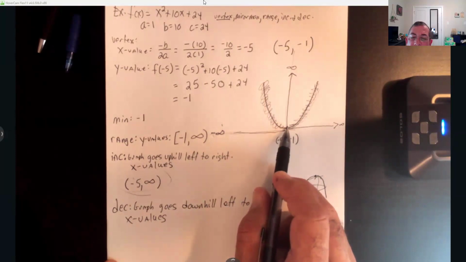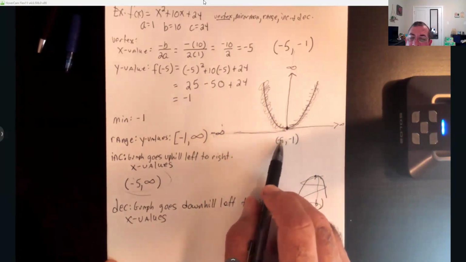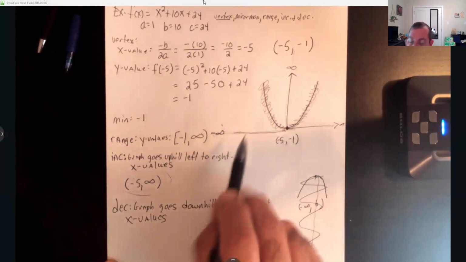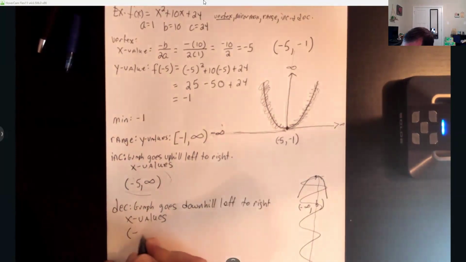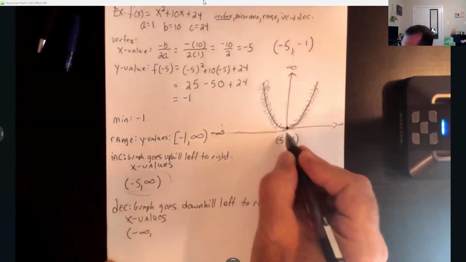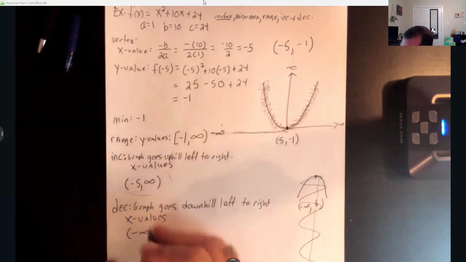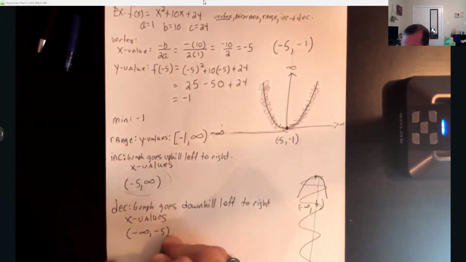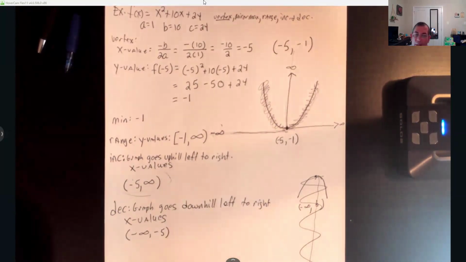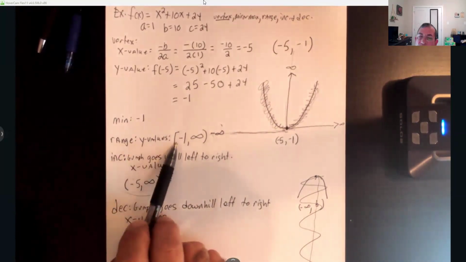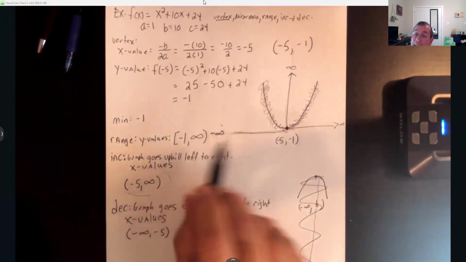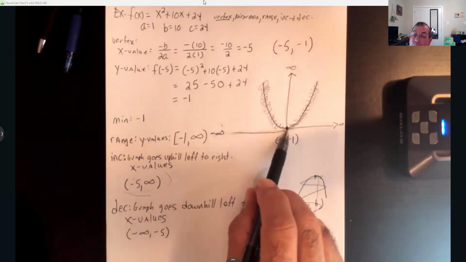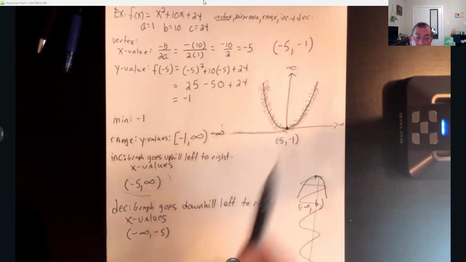Well, y'all, guess what? That's still the x value of my vertex. So these graphs for decreasing on this one are coming in from -infinity until they get to that x value of -5. So remember, the range is worried about your y values, and it will use a bracket because that equals the smallest y value.